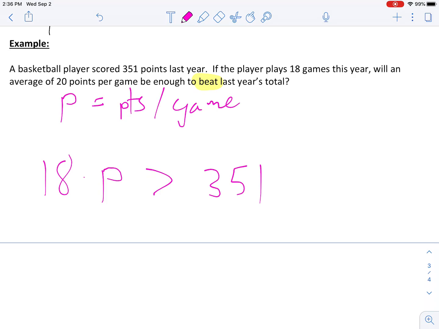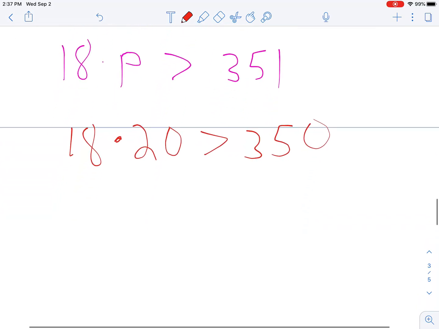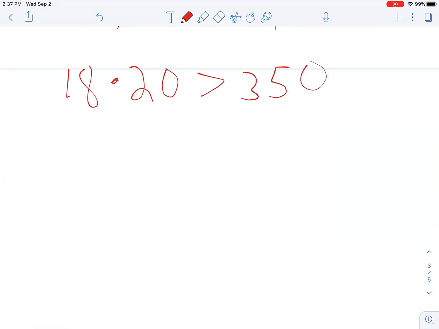Okay, so now to figure this out, they're asking me, will 20 points per game be enough to beat last year's score? Well, I don't know. Let's find out. Let's take our 18, multiply it by what I think my average point per game will be, which is 20. So 18 times my 20 points per game average, does that beat 351?